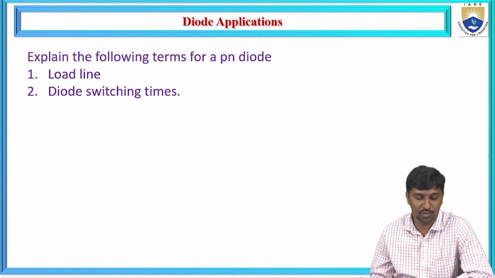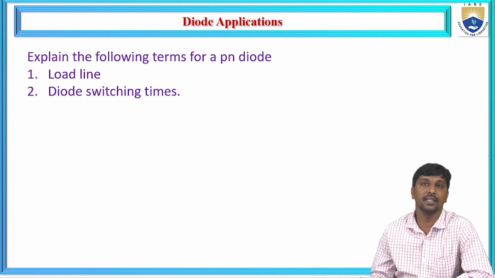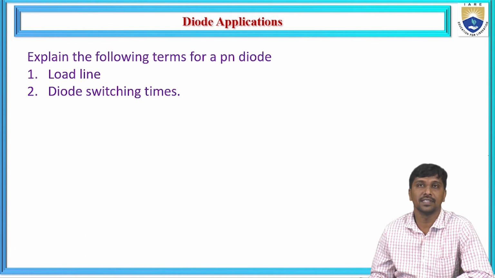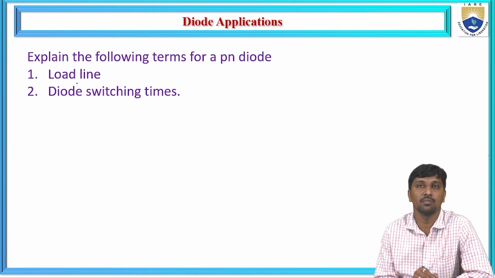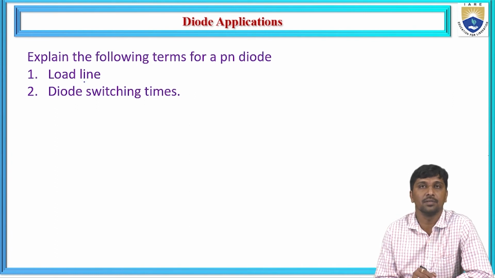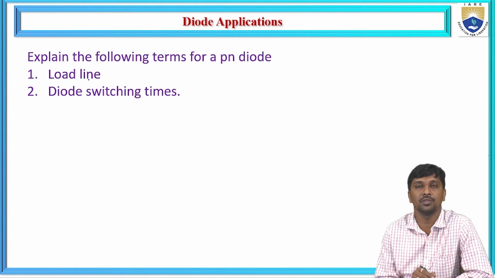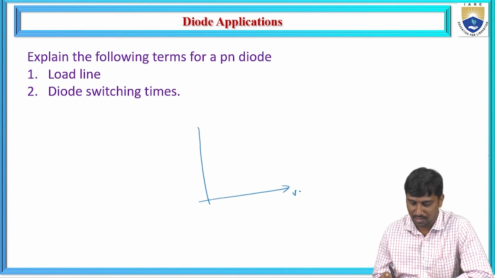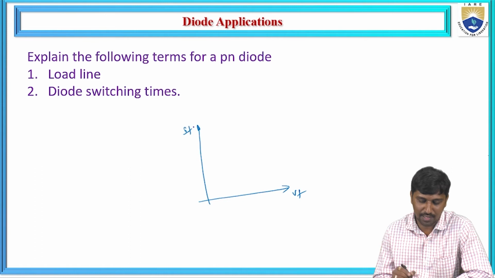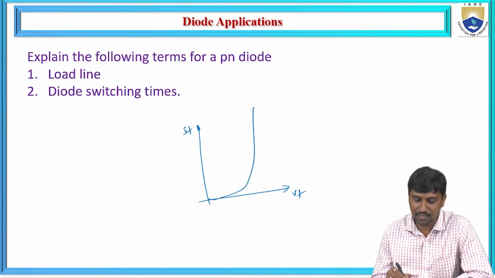And explain the following terms for a PN diode: load line as well as diode switching times. So here first we need to explain the load line. What is the importance of the load line? This load line can be used to identify the proper operating point for a PN junction diode under a given AC signal. So first you find out the two coordinates of a given characteristic. First take the diode forward characteristic, VF and IF, then plot the characteristics.